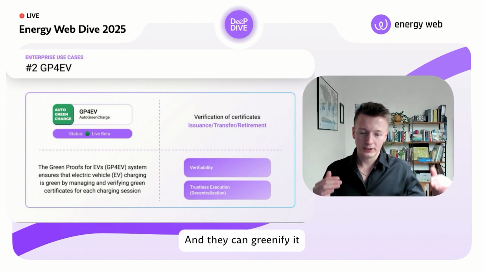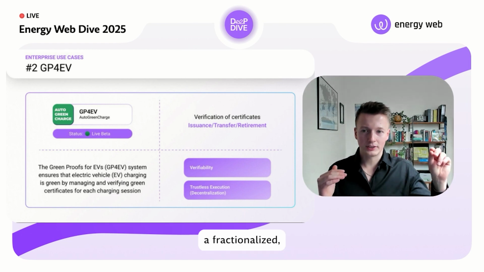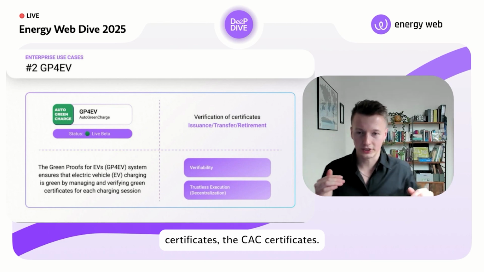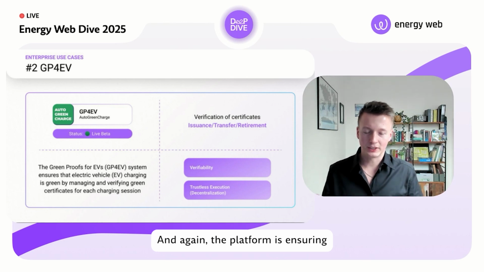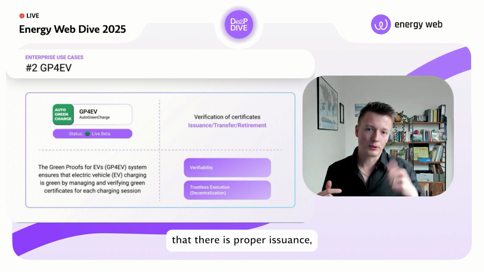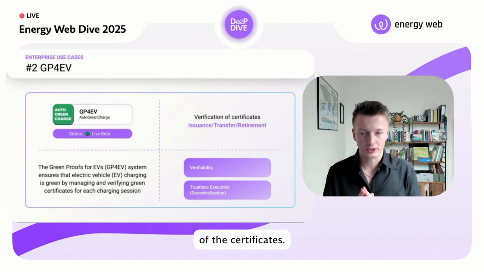And they can greenify it by matching fractionalized certificates, these EAC certificates. And again, the platform is ensuring that there is a proper issuance, transfer, and retirement of the certificates.